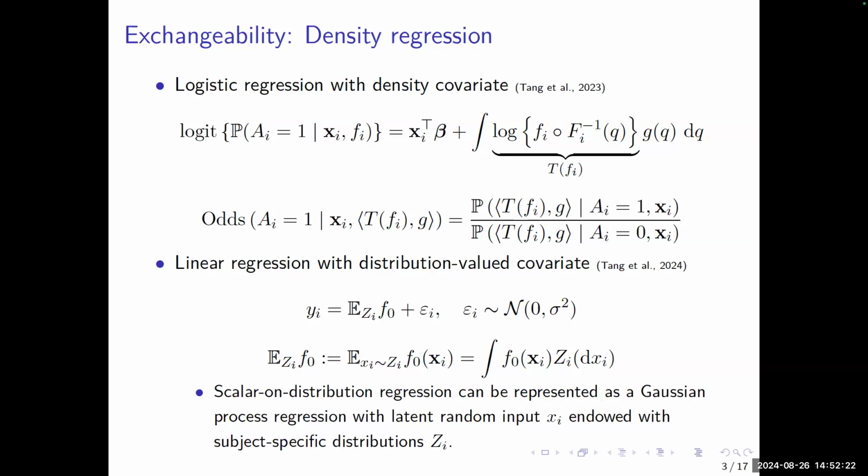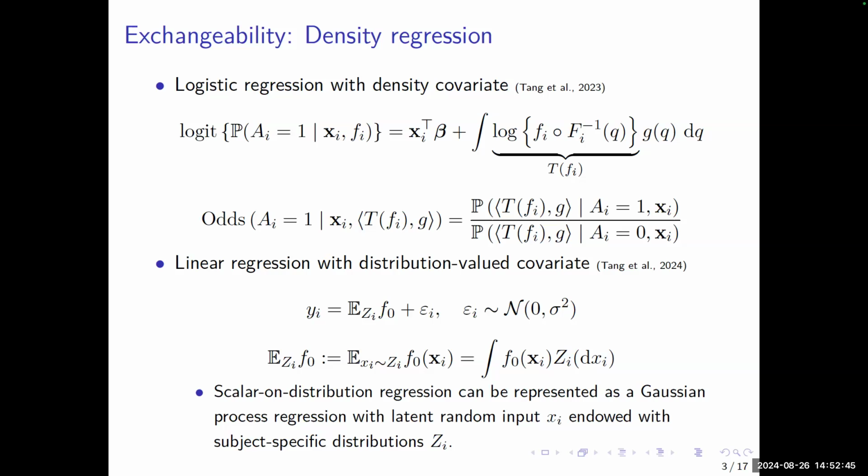So we consider density regression. We assume exchangeability in those functional connectivities, estimate the density of those functional connectivities, and then run some regression and study the property at a more global level. Pretty straightforward: we consider a scalar on density regression at the beginning.